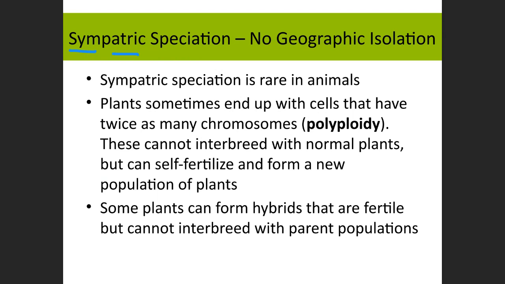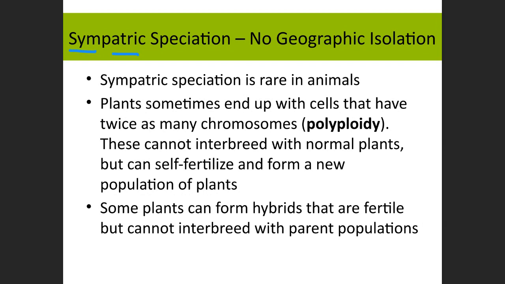Plants, sometimes when their gametes are forming, they don't go through meiosis properly, and instead of being haploid with one copy of each chromosome, they have two. So then their offspring are going to have the wrong number of chromosomes. So if a 2N plant mates with itself, which some plants can do, their offspring ends up being 4N instead of 2N, right?